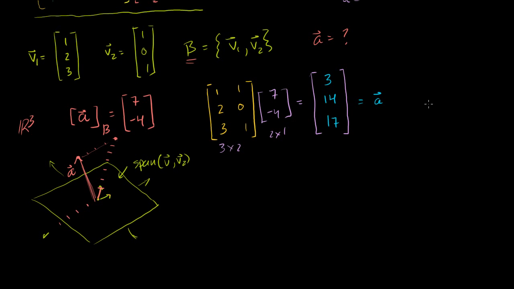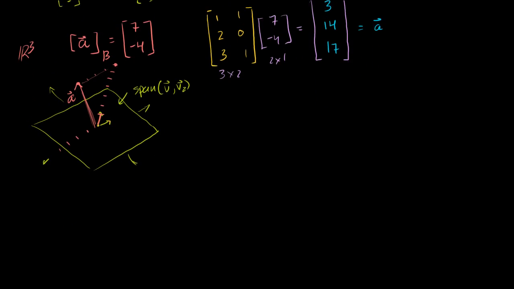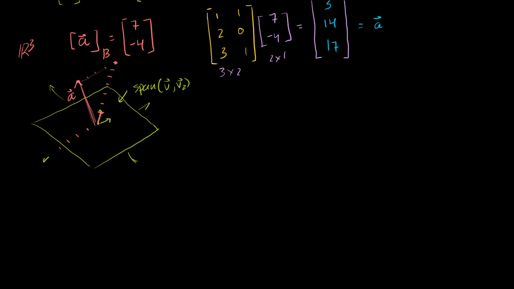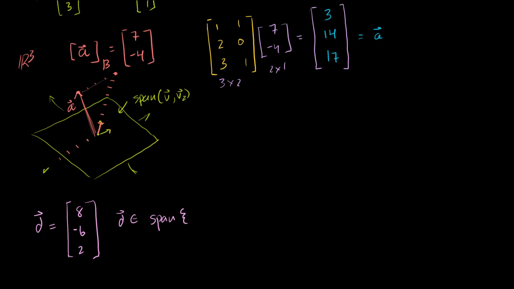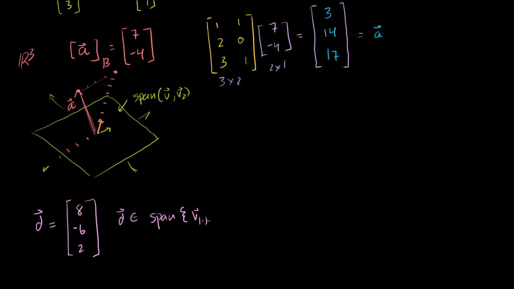Now let's say we wanted to go the other way. Let's say we have some vector, let me pick a letter I haven't used recently. Let's say I have some vector D, which is 8, minus 6, 2. And let's say we know that D is a member of the span of our basis vectors, the span of v1 and v2.